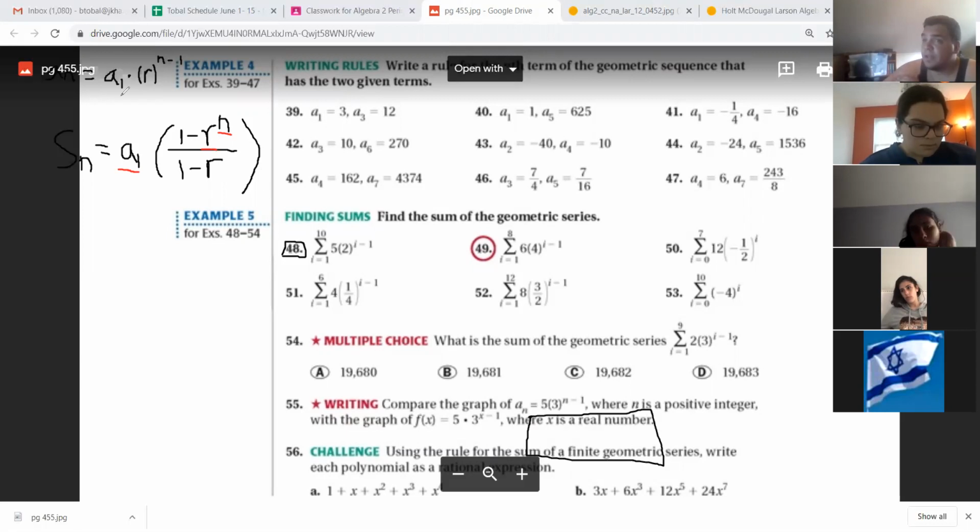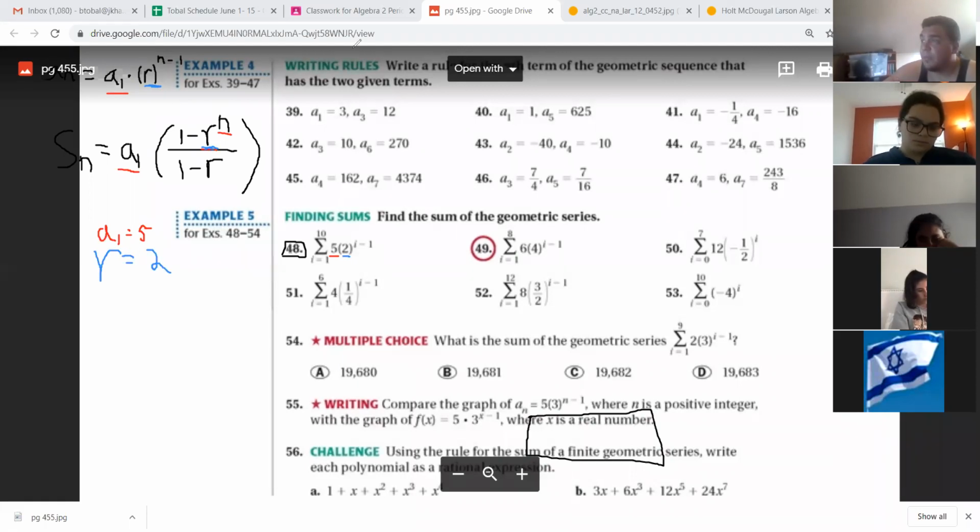So a1, look at this equation up here, is the number in front of what's getting powered up. So a1 in this case for 48 is going to be 5. r is the one that's getting raised by the power, or in the parentheses. So in this case, r is going to be 2.